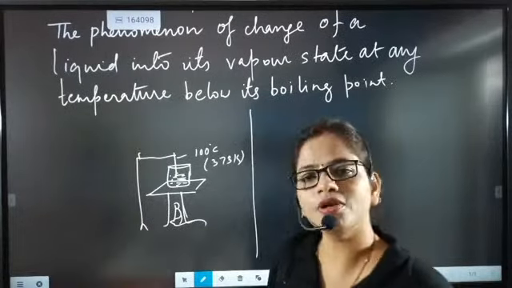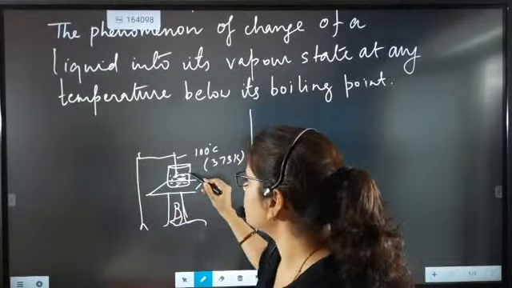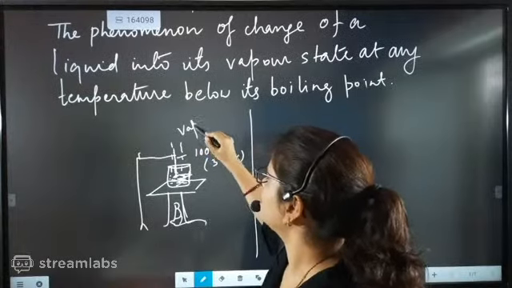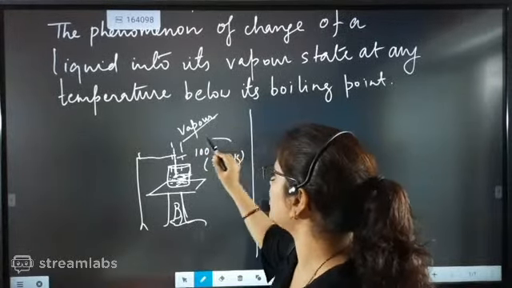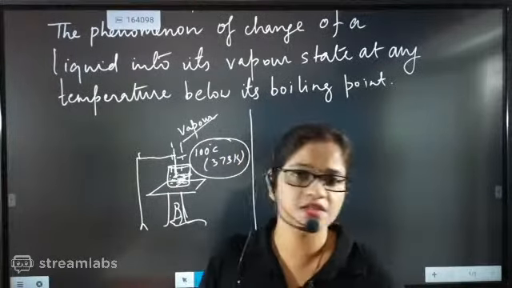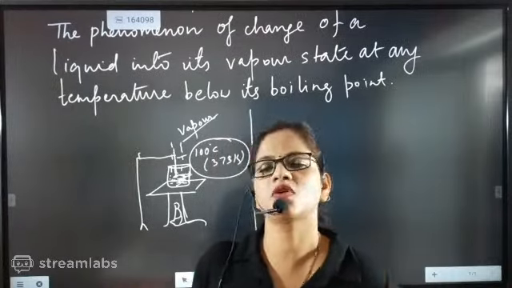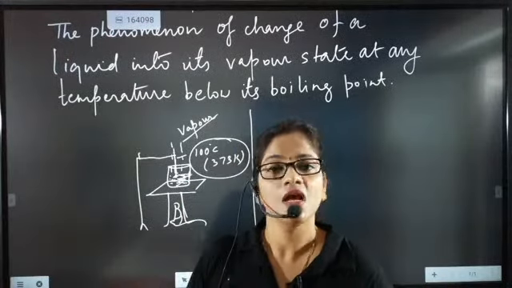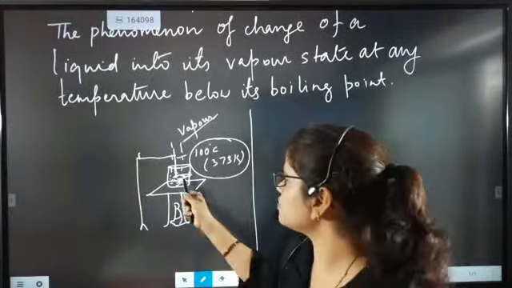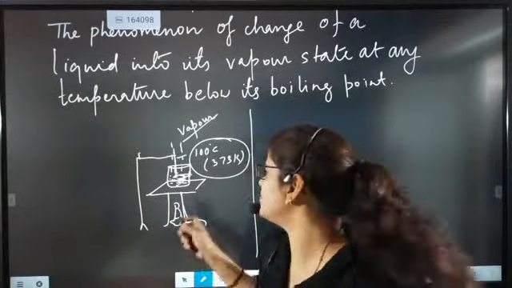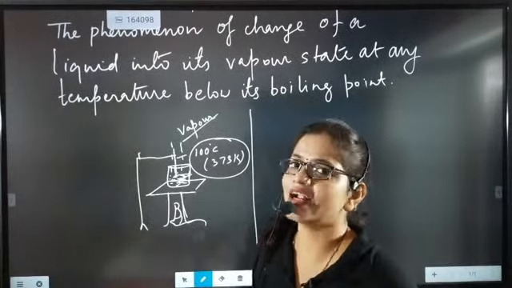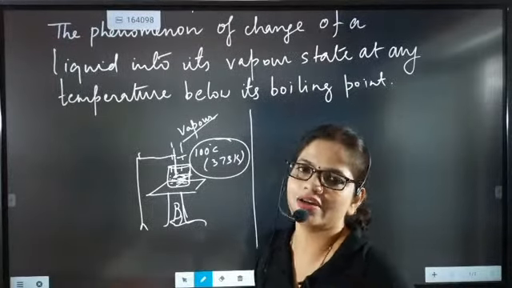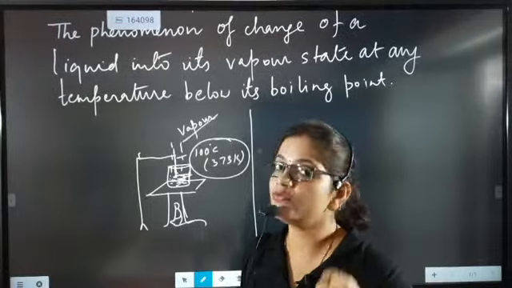After this the thermometer temperature did not change, and the water started coming out in the form of vapor. Then we understood that the boiling point is 100 degrees Celsius or 373 Kelvin. This was the previous concept we understood. Here it is a case of vaporization. I also told you, beta, that these water molecules gained a hidden energy, the energy given by the heat, which they absorbed. That is called the latent heat of vaporization. This latent heat of vaporization was received by the particles, and then the particles overcame the force of attraction.